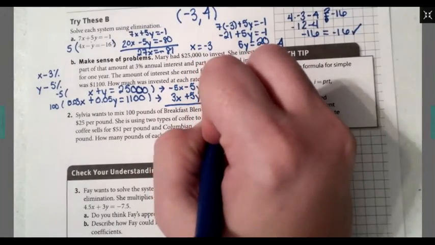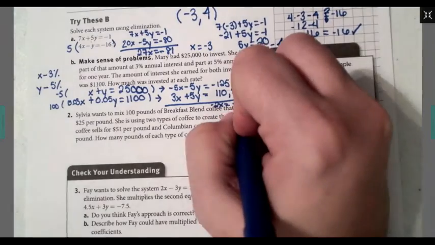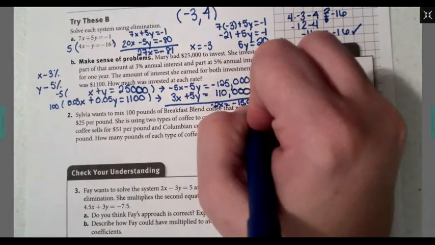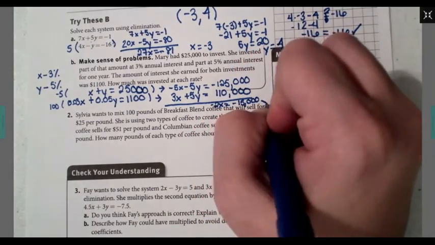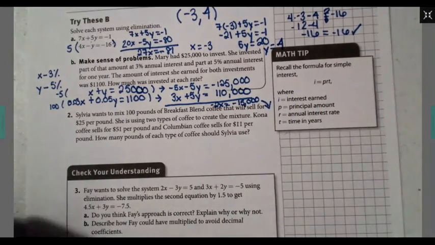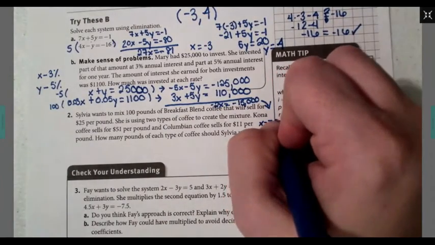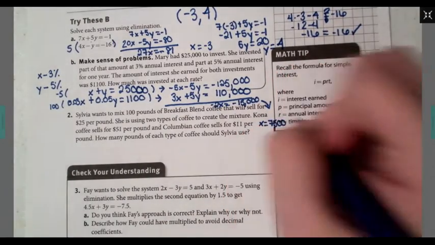When we add those together, my y's will cancel now. I'm left with -2x equals -15,000. When I divide by -2, I get x equals 7,500.